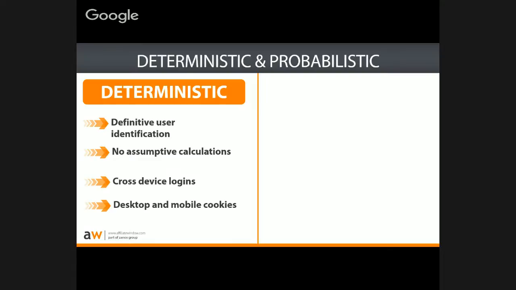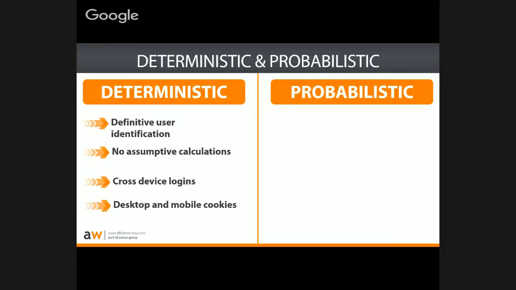And what's key about deterministic cross-device tracking methodologies is that no assumptive calculations are made. There's no guesswork in deterministic tracking. You know that you've identified a user and that you know a transaction has been placed by that user on that device. Normally, deterministic tracking relies on users logging in across multiple devices, and normally it relies on cookies to identify those users.